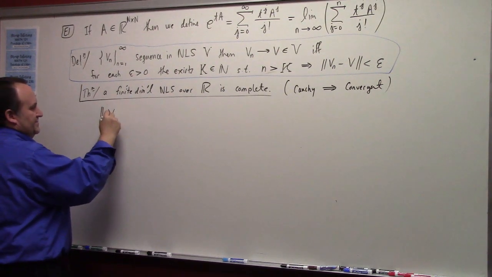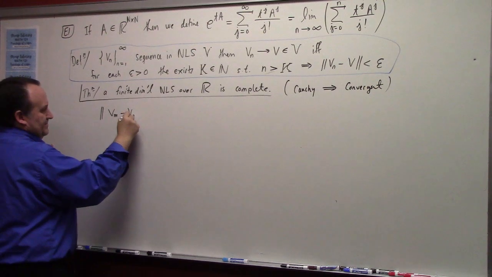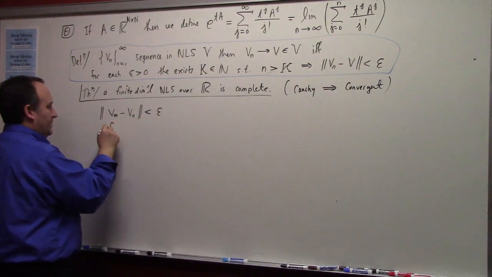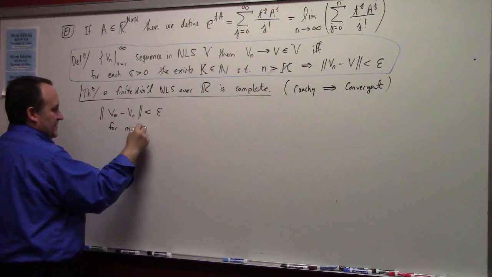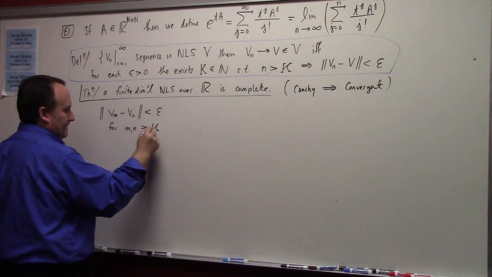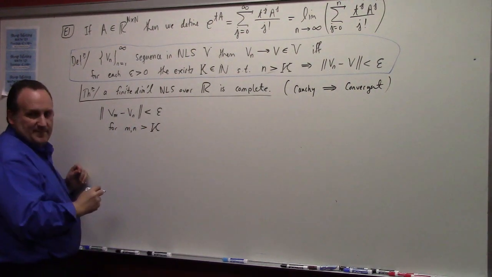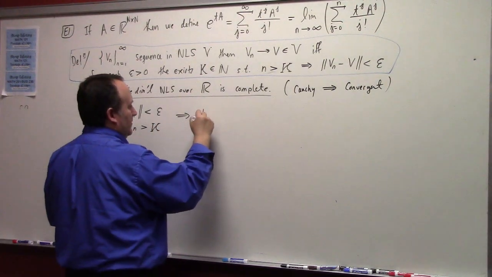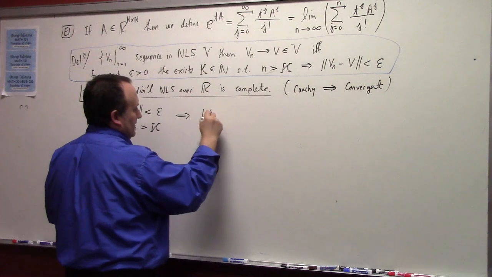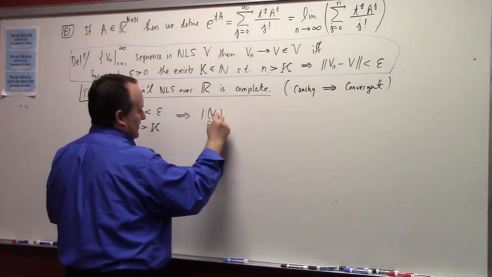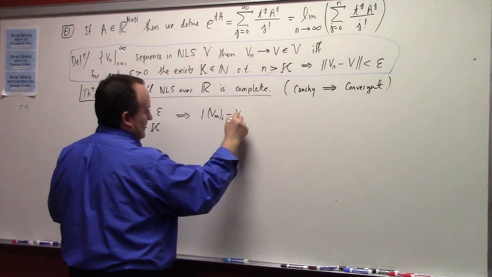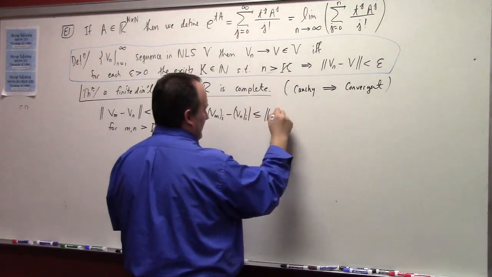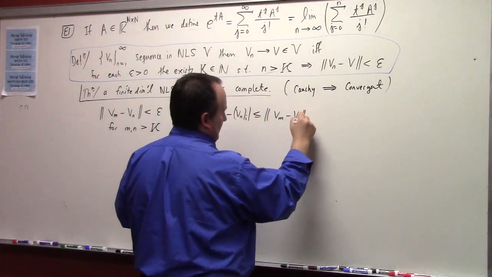right, for m and n larger than some k, then that implies that the absolute value of the ith component of Vm minus Vn is less than or equal to the norm, which is less than epsilon.